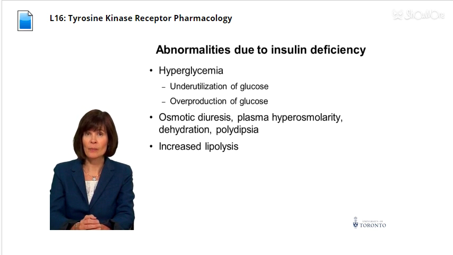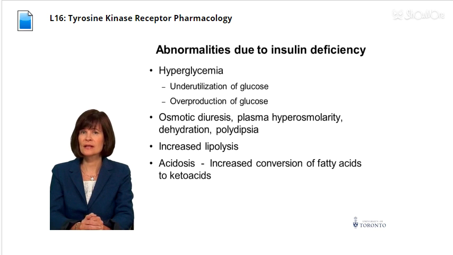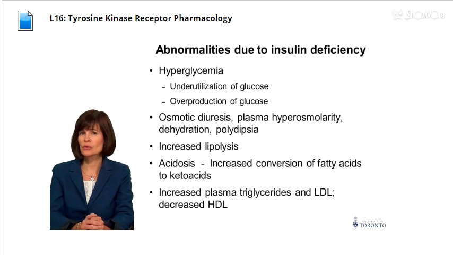The body then attempts to compensate for this lack of glucose energy by utilizing fatty acids for energy, increasing lipolysis. And production of ketone bodies from lipids can lead to increased acidification known as ketoacidosis. Lipid metabolism is also abnormal in diabetes, resulting in increased lipolysis with increased plasma triglycerides and low-density lipoproteins, also known as LDL, and low levels of high-density lipoproteins or HDL.